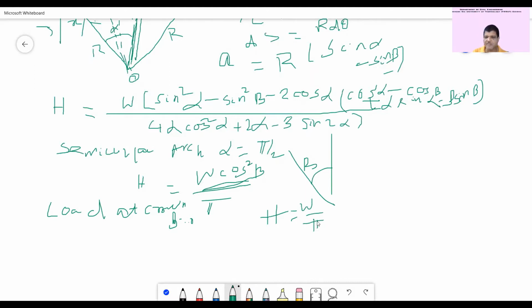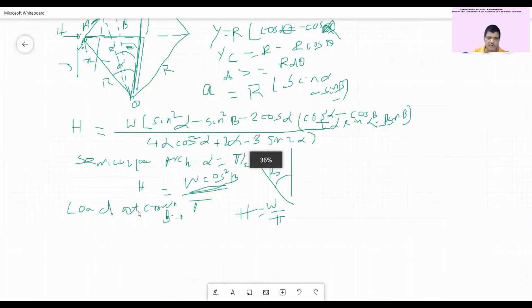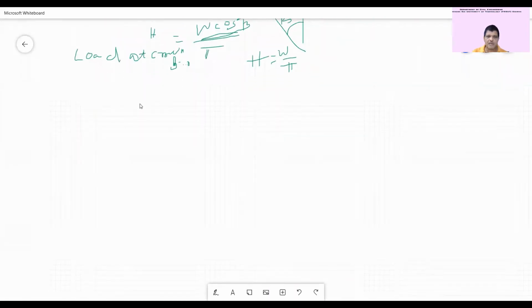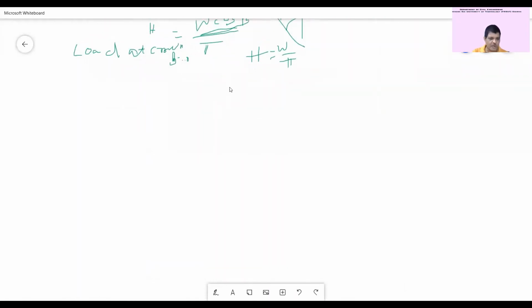You can remember this formula directly, as it can be asked as a multiple choice question. So for semicircular arches, we find H is equal to W by pi for this loading condition, and we have seen that for a number of concentrated loads you can also find the values.